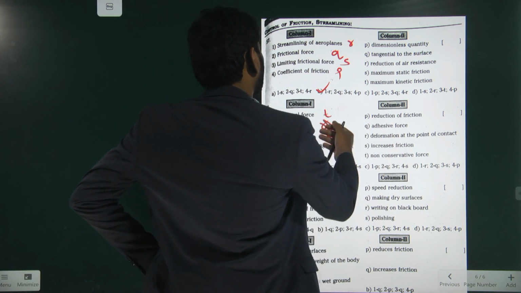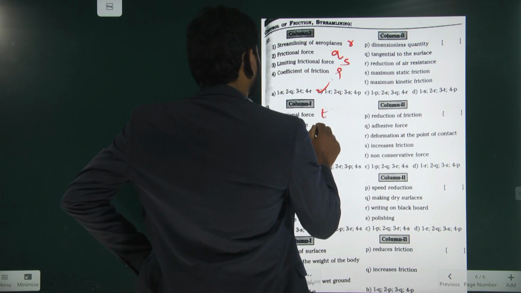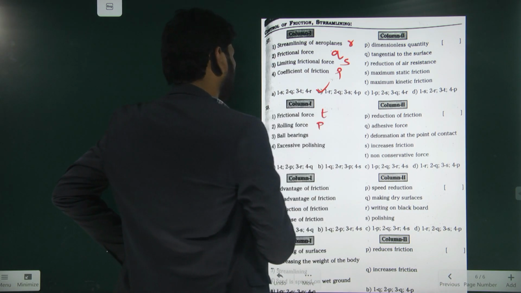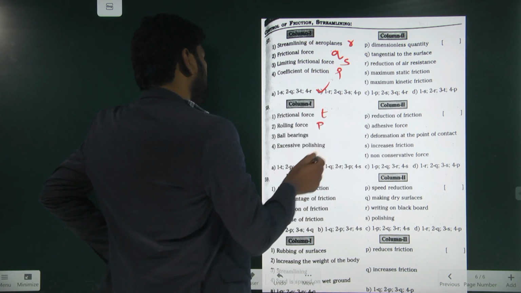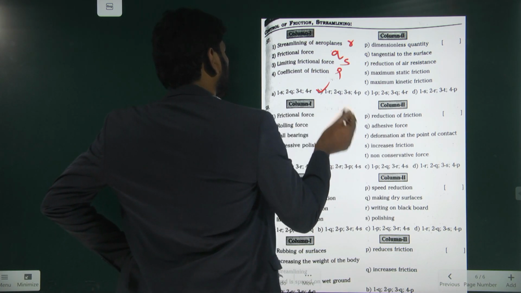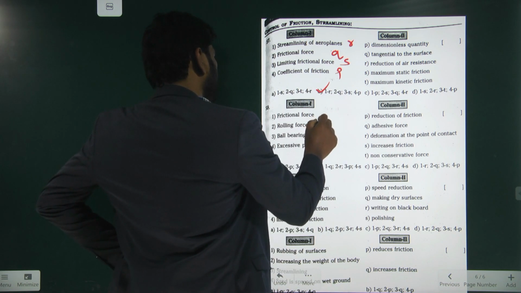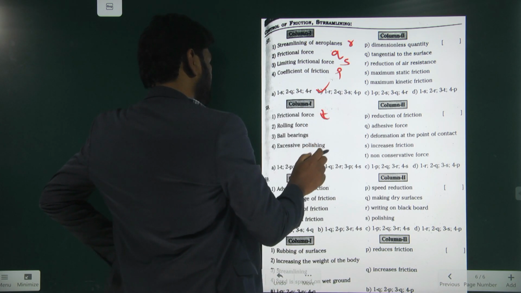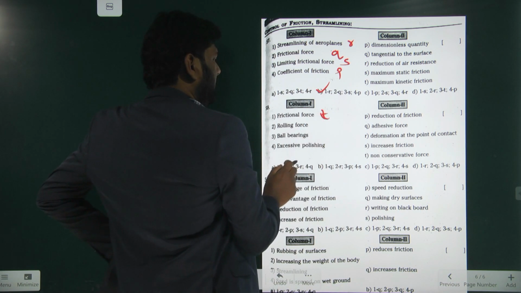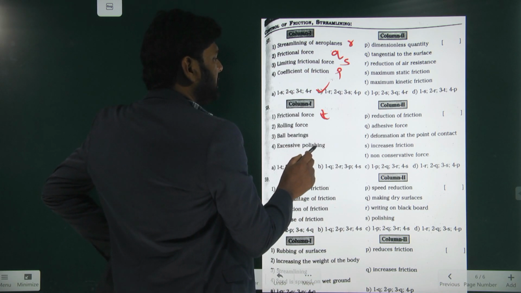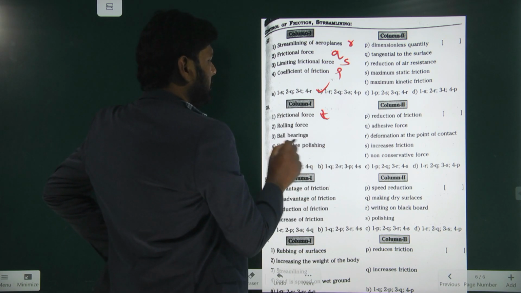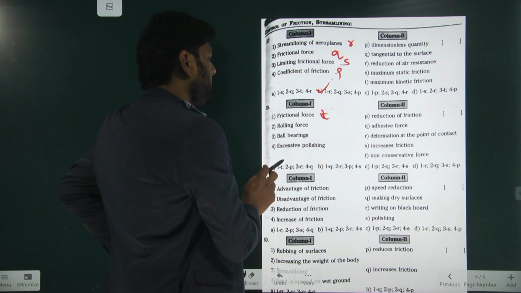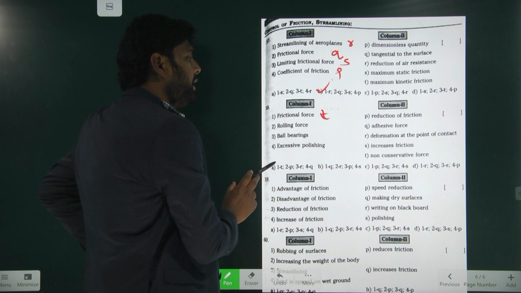Actually, they have given up and down. Rolling friction is deformation at the point of contact.